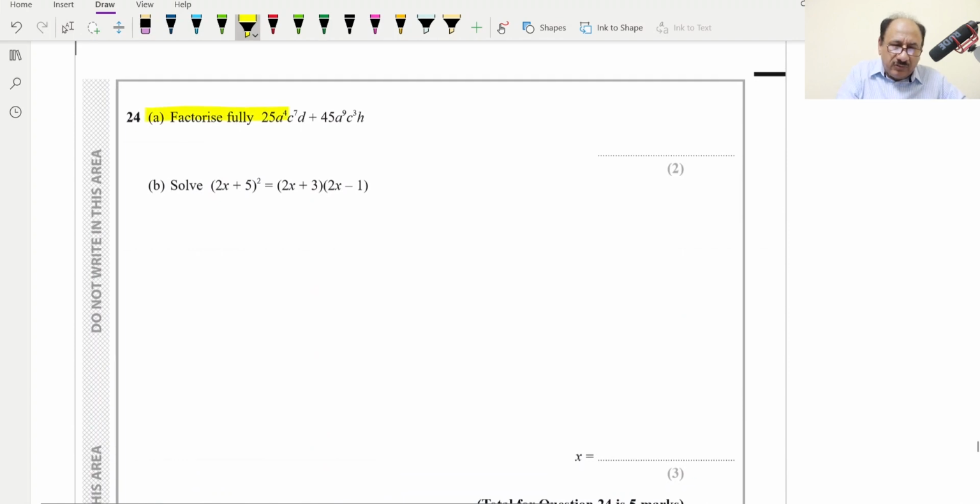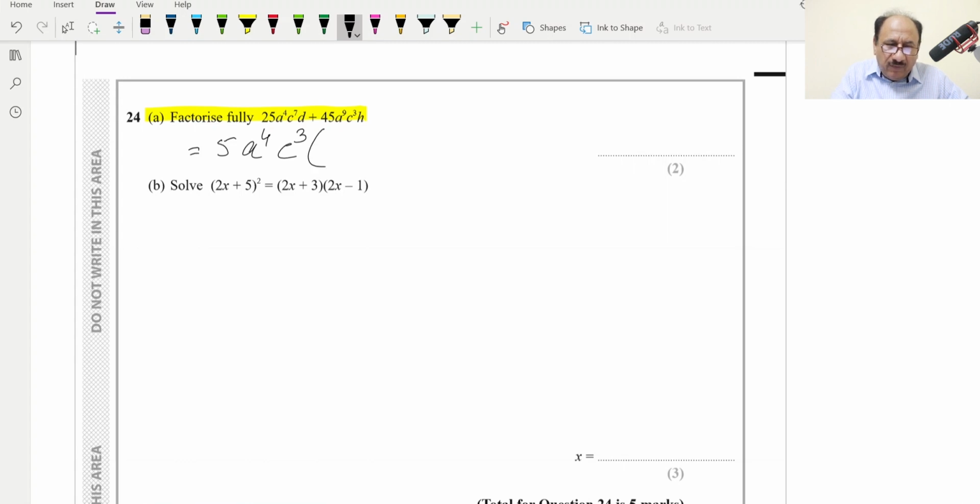Now question number 24. Question 24 says factorize fully this one. So whatever maximum common factor we can take out from both the terms, we can take 5 common, we can take a raised to the power 4 out of a to the 4 and a to the 9, and c raised to the power 3 out of c to the 7 and c to the 3.